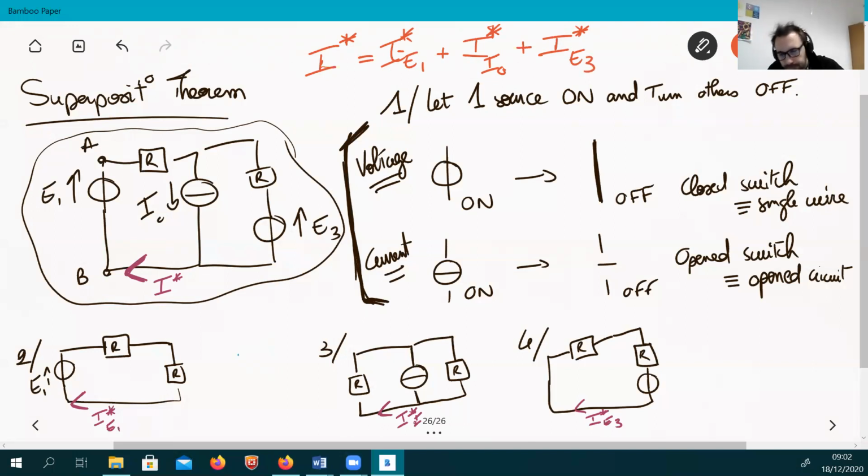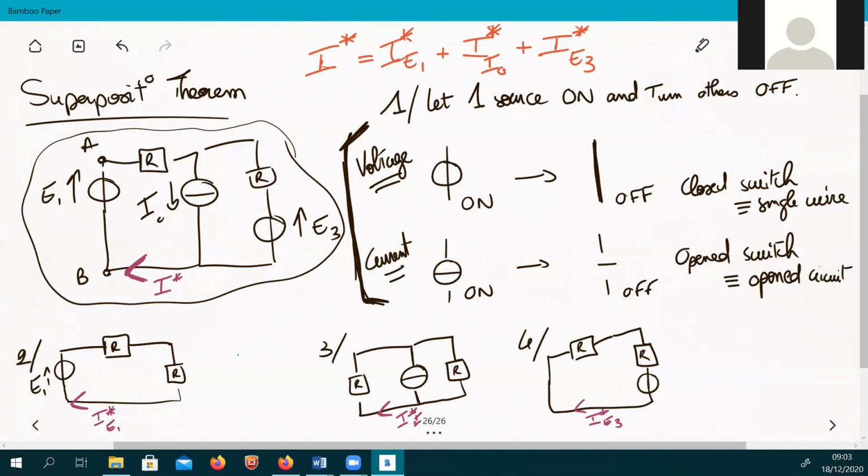Okay? You get that? This is the concept of what we call the superposition theorem. We add the contribution of every source. So you let one source on at a time, you turn all other off, and then you do this for each source.